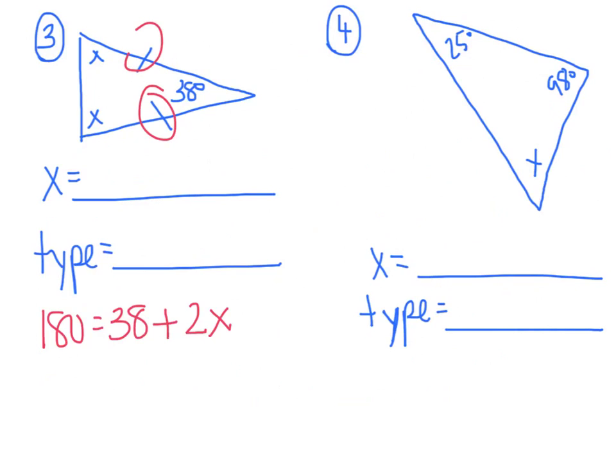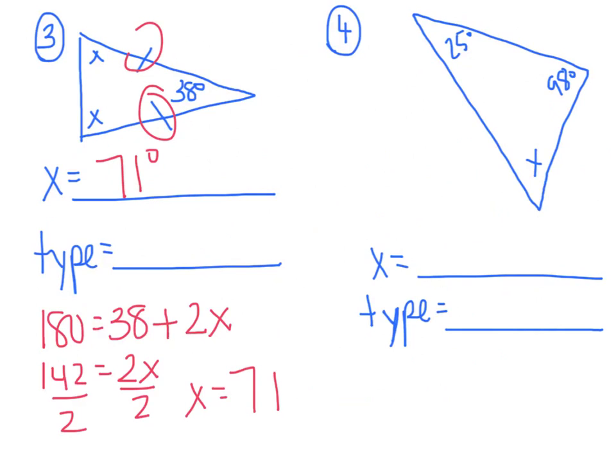So 180 minus 38 is 142 equals 2x. Now we're going to divide each side by 2, and x is going to equal 71. So if we have 71 here, and 38, those are all less than 90. So this is going to be another acute triangle.